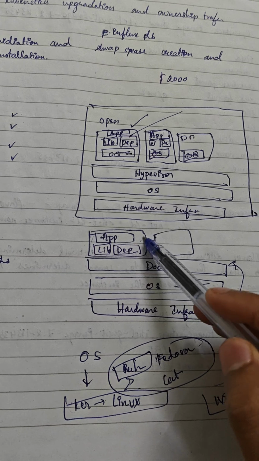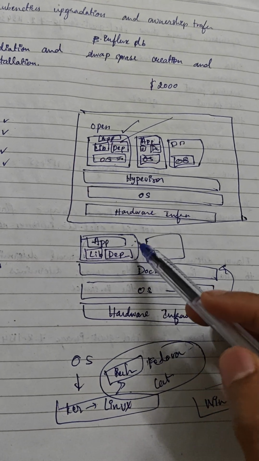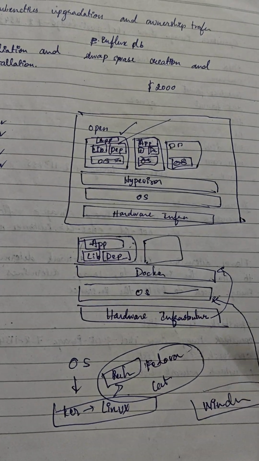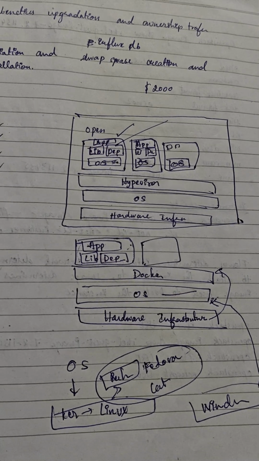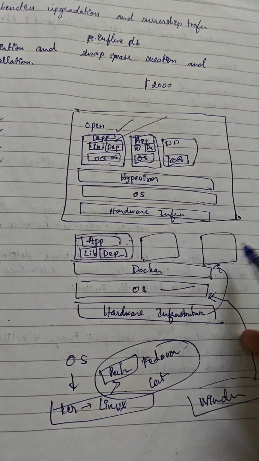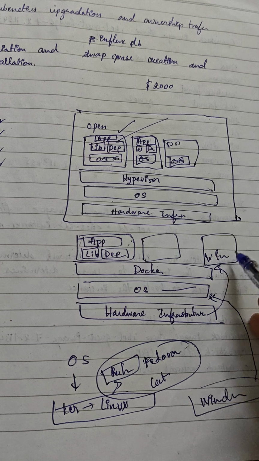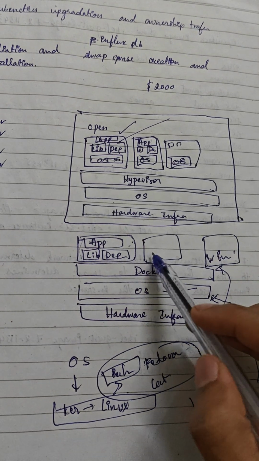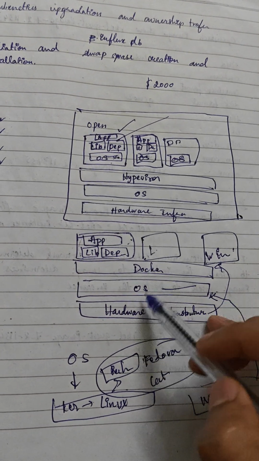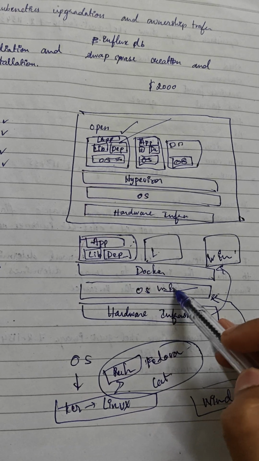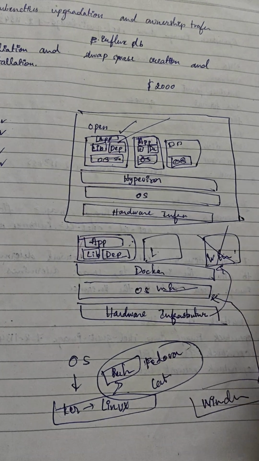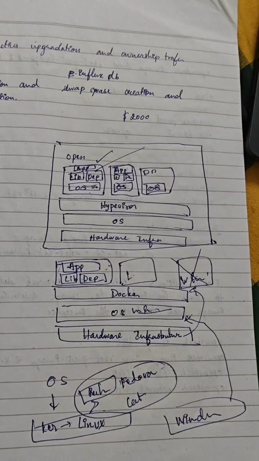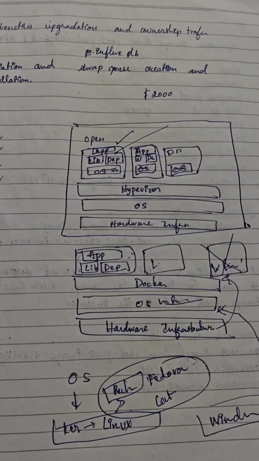Because of that it is very fast, and boot happens very fast. But you can't add Windows in here with the Linux kernel. That's the disadvantage. That's it. Okay, thank you.